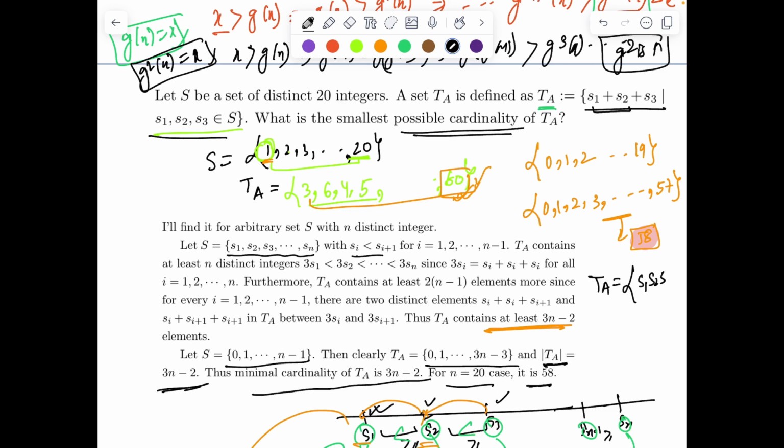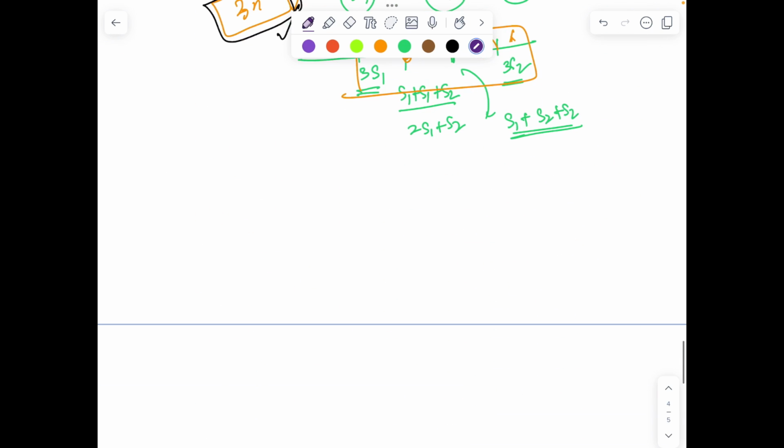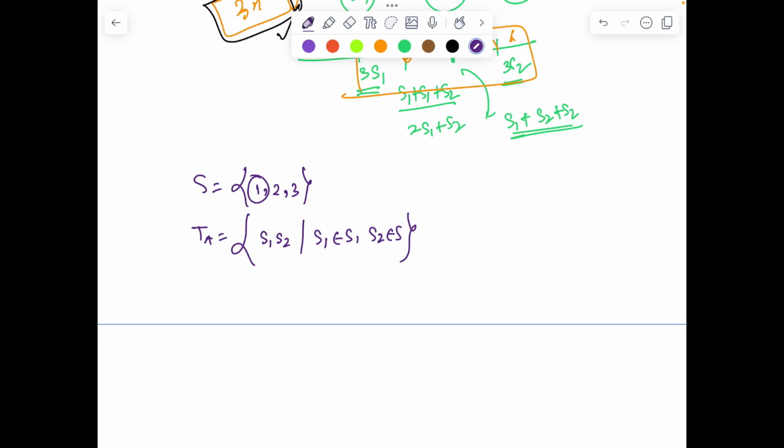Okay. Exactly a similar problem you can ask. Let's say TA is a set of products S1 times S2, such that S1 belongs to S and S2 belongs to S. Under this condition, again, what is the minimum number of elements we will get? For example, suppose I have set A containing 1, 2, 3.